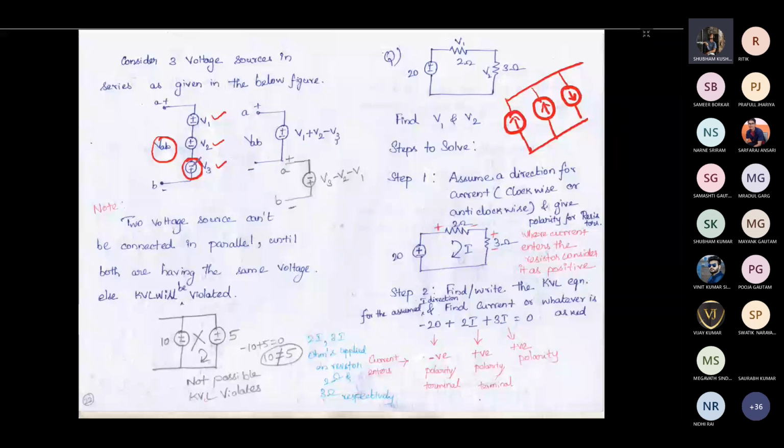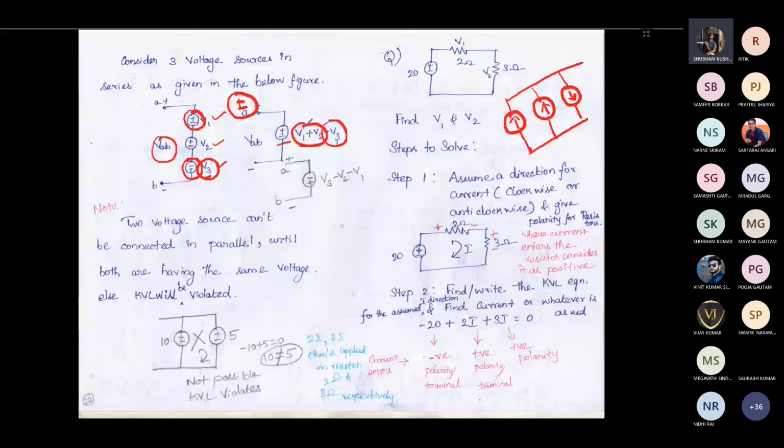If you want to represent it as a single equivalent source with positive polarity at the top and negative at the bottom, then V1 plus V2, because both have the same polarity, and V3 is in the opposite polarity compared to these two, so it is minus V3.